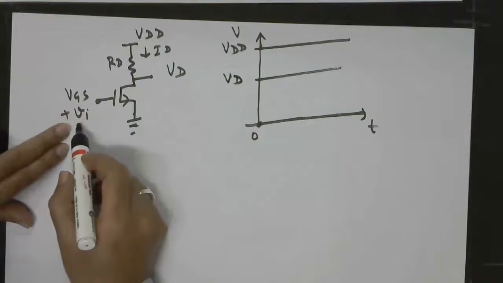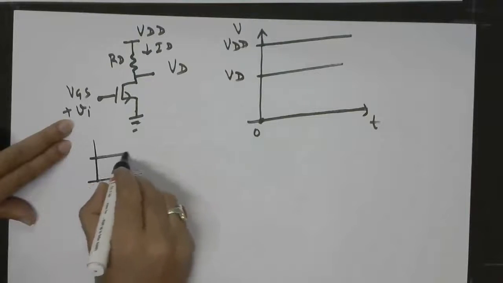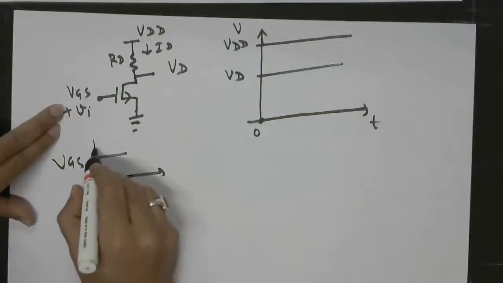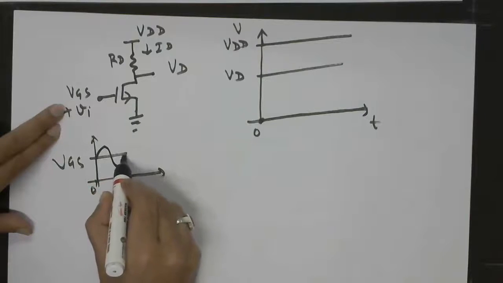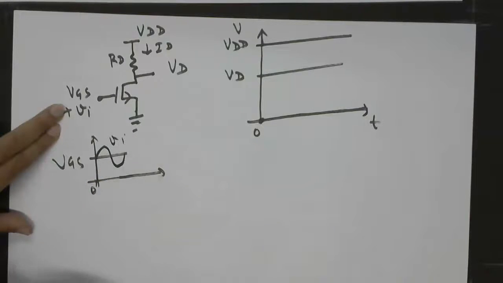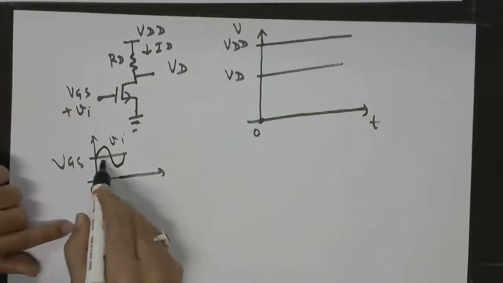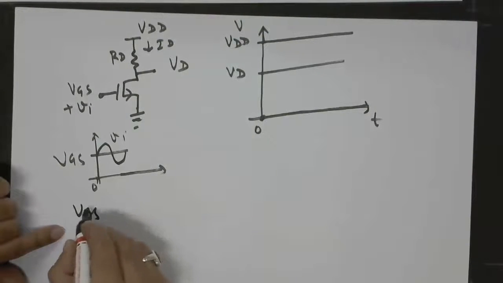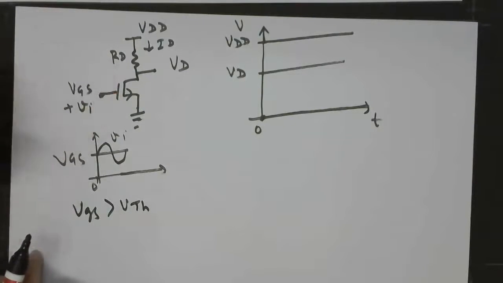Now when we apply the time varying voltage here, the condition on the input side is going to be like this. This is your DC gate to source voltage, and on it you will be putting the time varying input. So the net gate to source voltage will be the sum of these two, and we know that the net gate to source voltage should always be greater than VTH for the channel to exist.